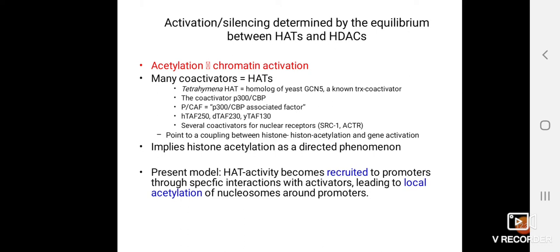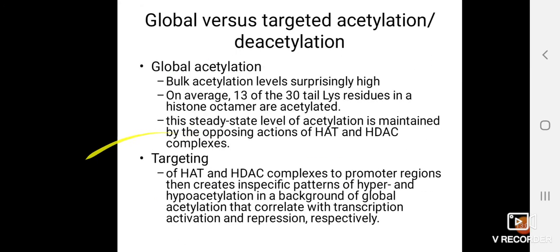There are many activators which act like a HAT. Histone acetylation is found to be a very directed phenomenon, and the present model says that HAT activity is recruited to promoters through specific interactions with the activators, and this complex results in the acetylation of nucleosomes around that promoter and makes transcription possible.